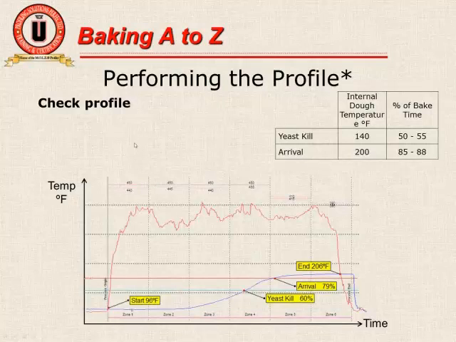Most people will start out with them all the same temperature. They'll find that they need to either increase the first couple zones perhaps, maybe decrease the last couple zones. And that's about all the adjustments that are going to be necessary in your oven to get these percents of bake time to achieve the desirable yeast kill and arrival temperatures.